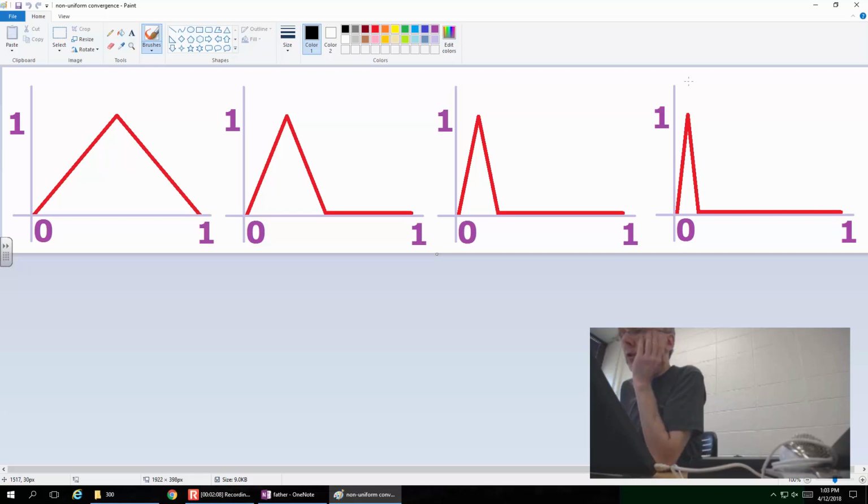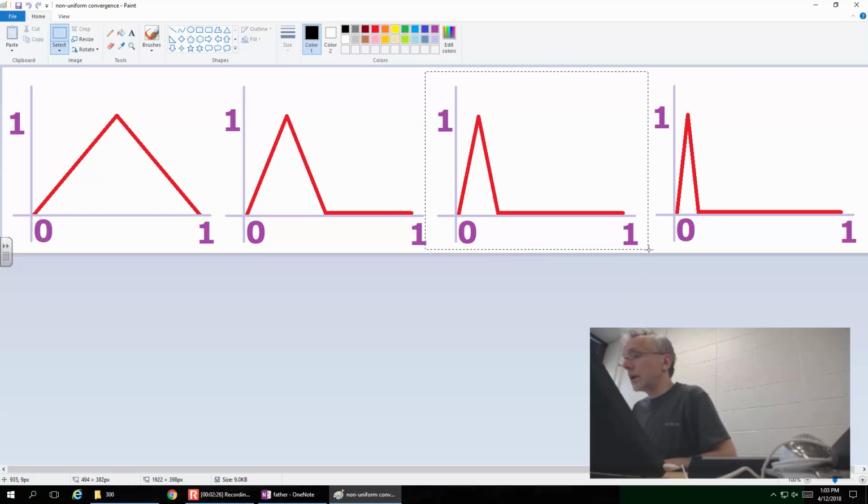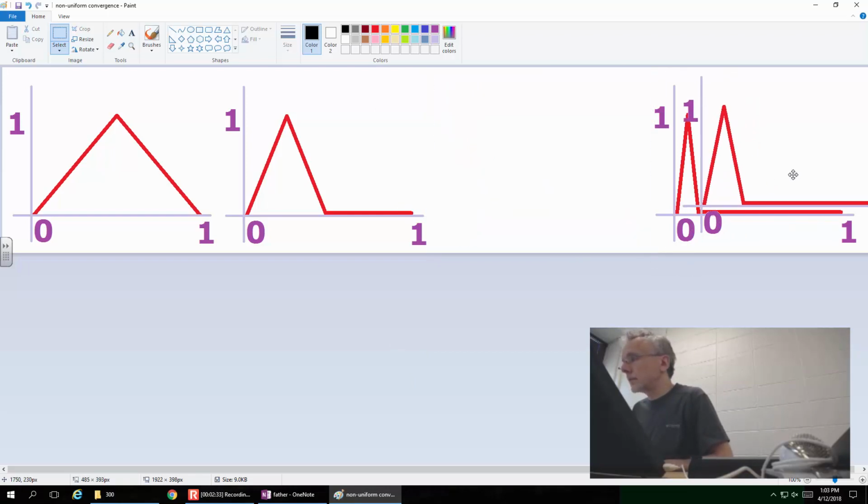If you want to do it dynamically, that's what I'm thinking. The sequence is kind of short. Okay, you can see kind of the dynamics of what's happening here.